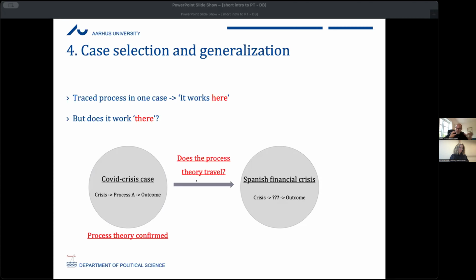There could be many different things with your QCA that should be changed, and then you revise your QCA. You then have another set of cases, and it should be a back and forth between the initial QCA, a selection of one or more cases for process tracing, but then the process tracing should inform your QCA and a refinement of your QCA. But you don't have to use QCA.